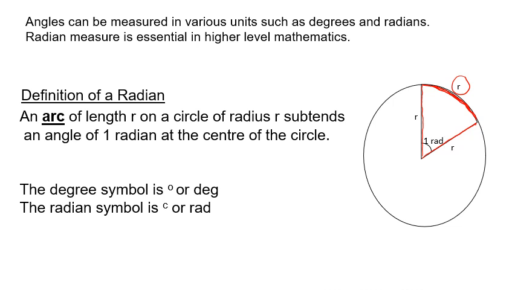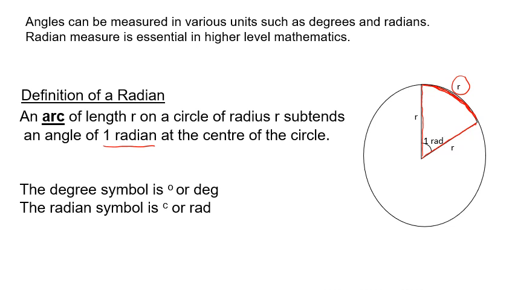So an arc of length r on a circle with a radius of r subtends an angle of 1 radian. So maybe now you can have a look at the picture and guess roughly how many degrees you think that is. We'll look later on at exactly how many degrees it is, but it's an acute angle. That's the size of 1 radian.